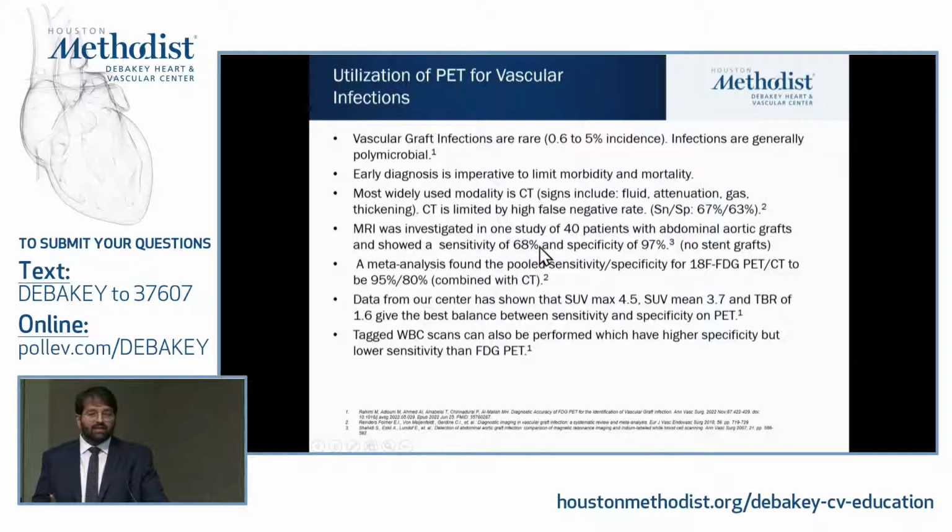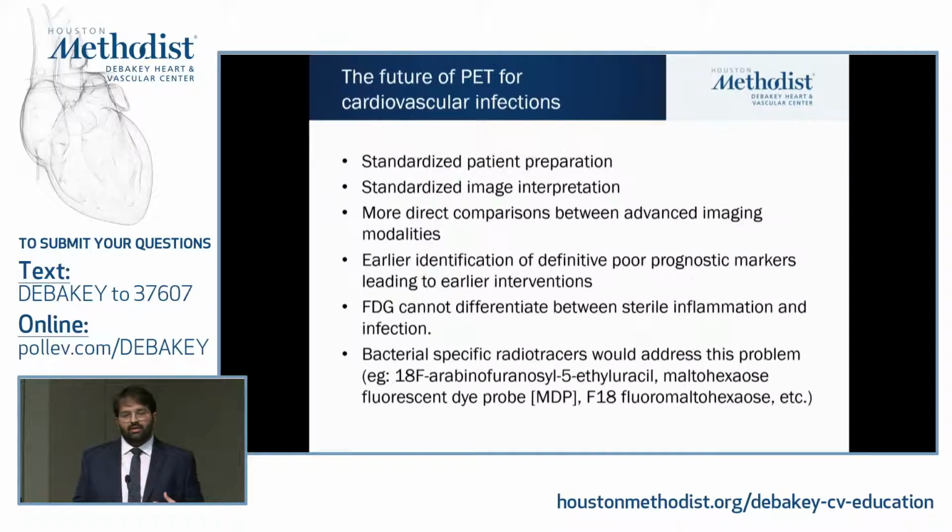But also the MRI studies that evaluated this did not have patients with stent grafts, which can cause artifact on MRI and reduce the sensitivity. Tagged WBC scan is also an option because PET is very sensitive and doesn't necessarily differentiate infection and inflammation. So you can do a tagged WBC scan, which is less sensitive but very specific.